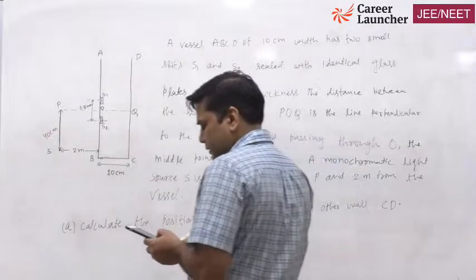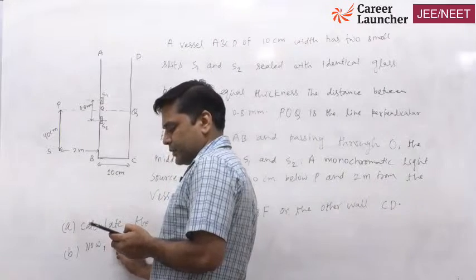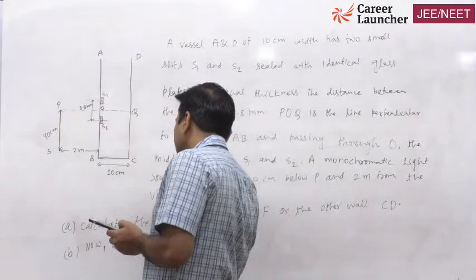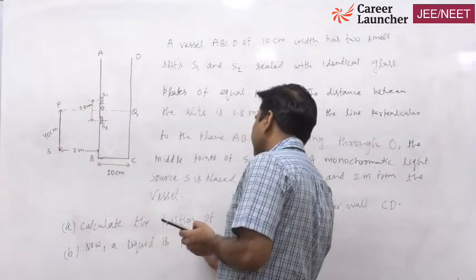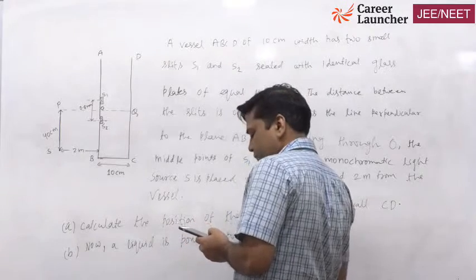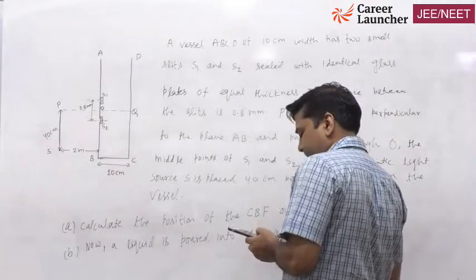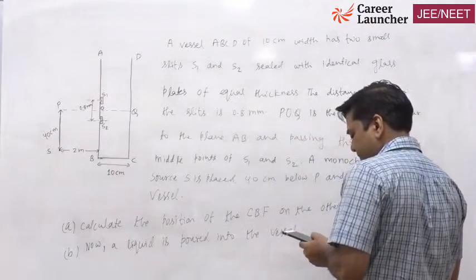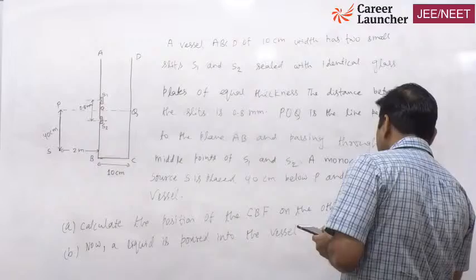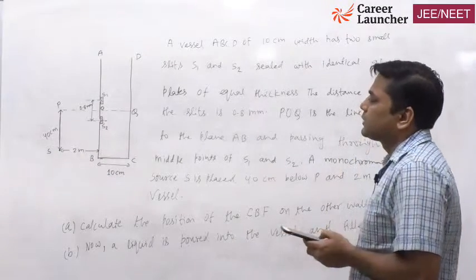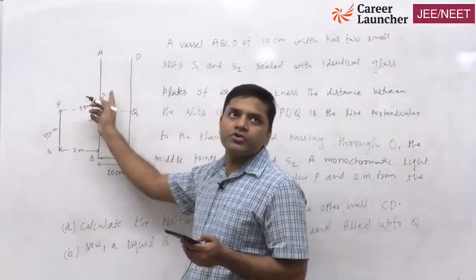Okay. B. Now a liquid is poured into the vessel and filled up to Q, just filled up to Q, such that OS1 is still exposed to air.